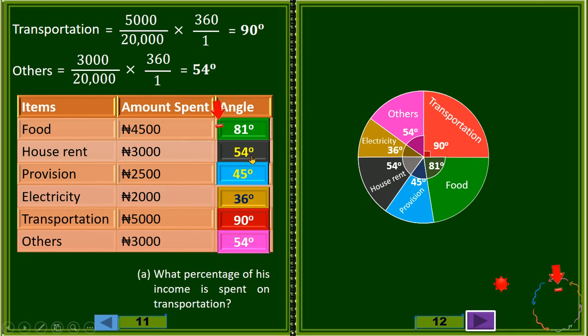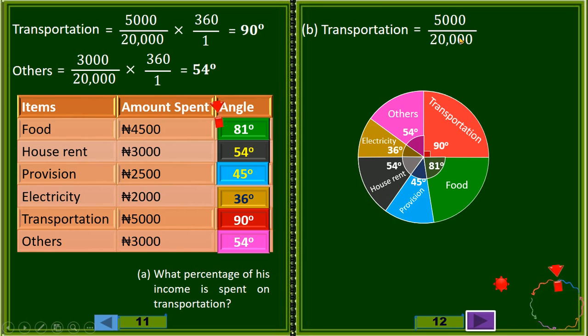Alternatively, the angle for transportation is 90 degrees and the total angle at the center of the circle is 360. So we are at liberty to use any of these to find the percentage. Now let's do that. For transportation, the amount is 5,000, while the total amount spent by the man for that month is 20,000.